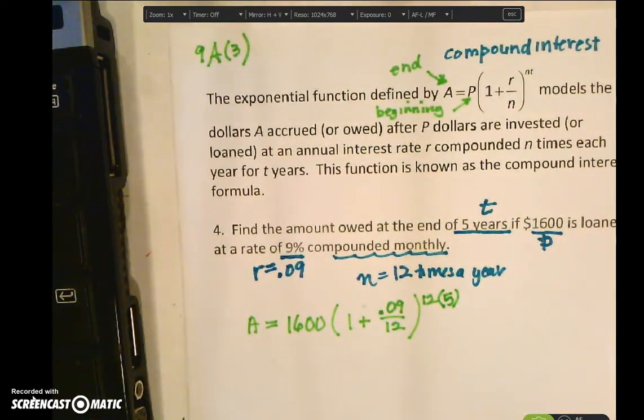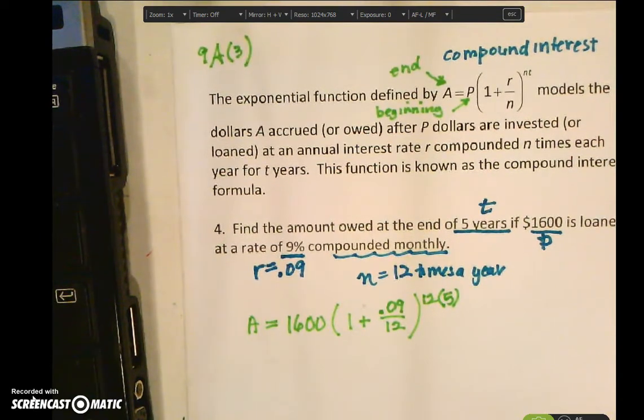Now we're just going to put that in our calculator. I don't need to do any multiplying out, just copy it just like it is and put that in your calculator. So give that a try and see what you get for an answer.